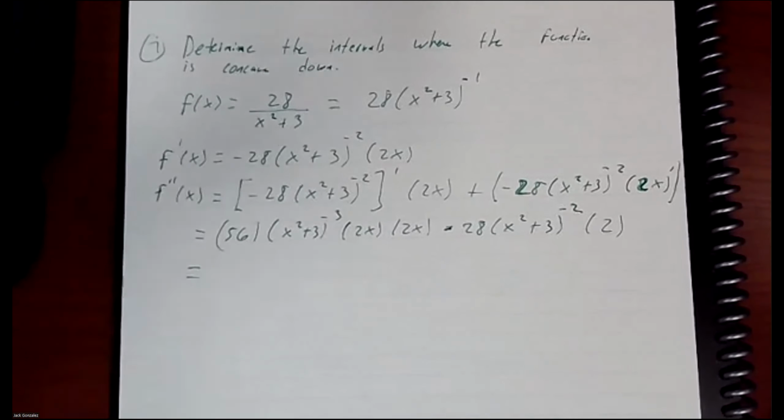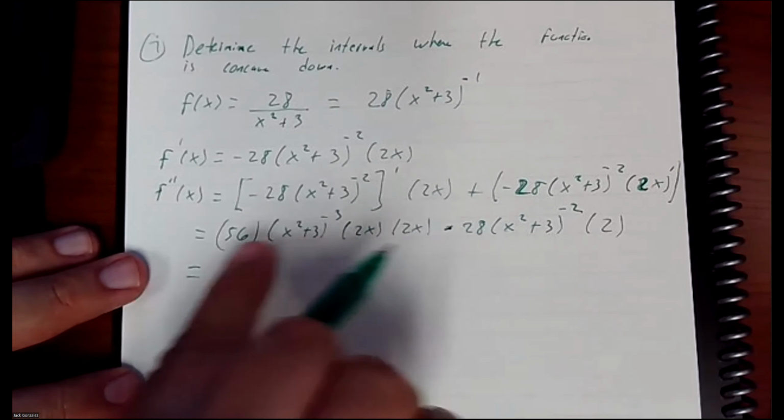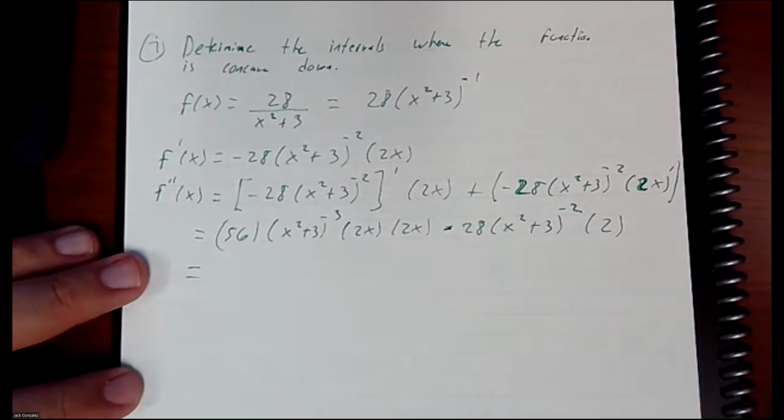Okay, and if you want to do quotient rule twice instead, you can. If you don't like this, I just decided to do it for no reason. 2x times 2x is 4x squared times that. 56 times 4 is that? I'm getting tired here. Let's just multiply it out.